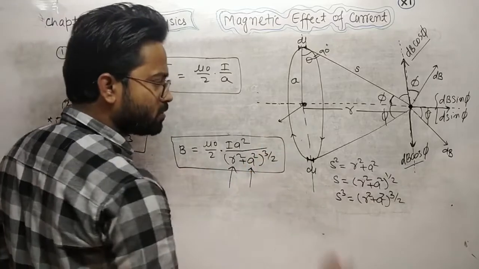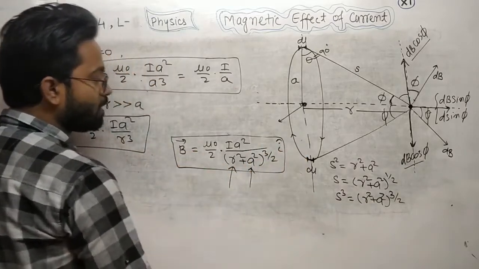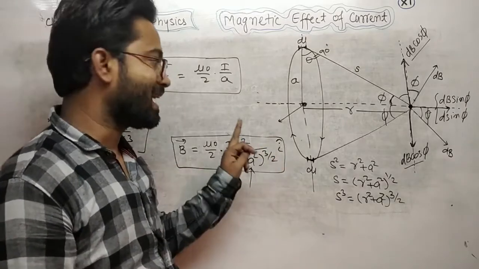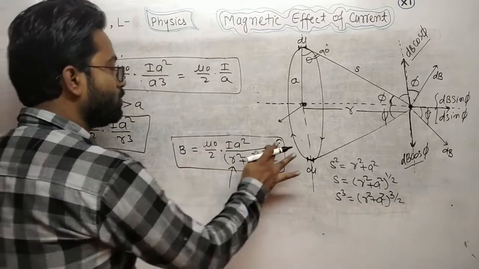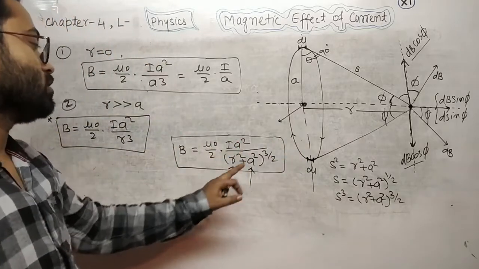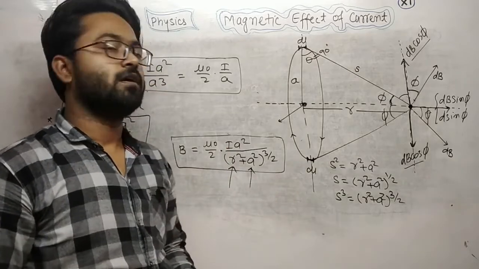You can simply put I cap if this is a vector. Otherwise, in magnitude, you will have this formula: B is equal to mu naught by 2 I a square upon a square plus r square to the power 3 by 2.